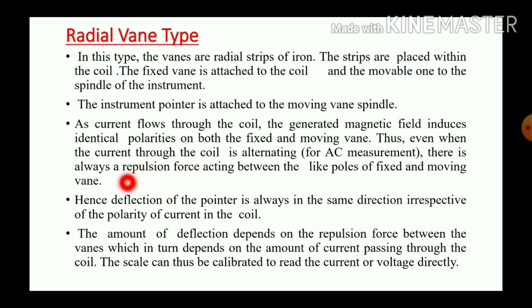So there will be a force of repulsion between the two iron pieces. The amount of deflection depends on the repulsion force between the vanes, which in turn depends on the amount of current passing through the coil. The scale can thus be calibrated to read the current or voltage directly.